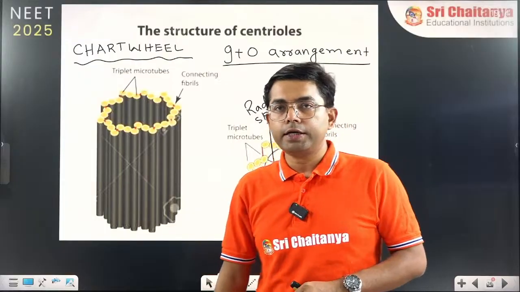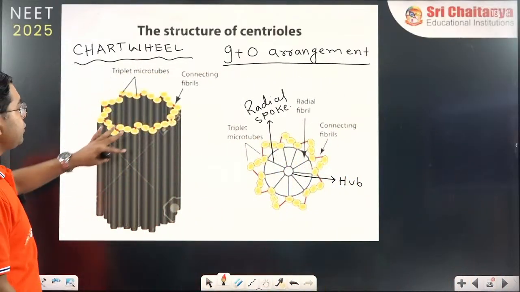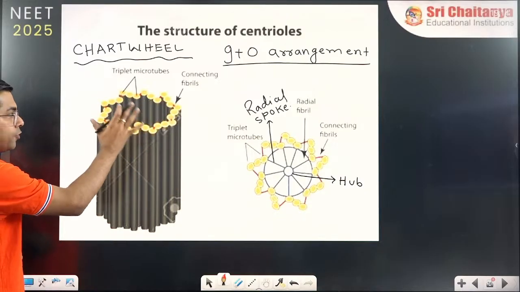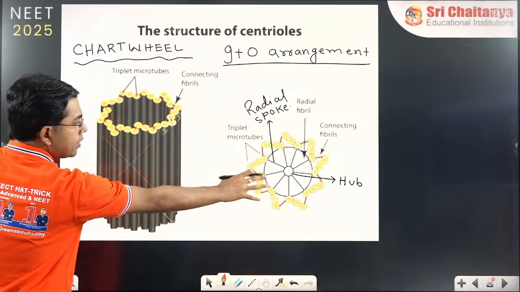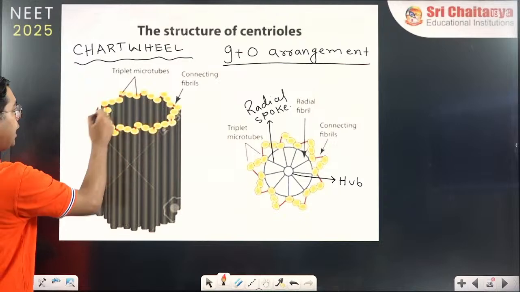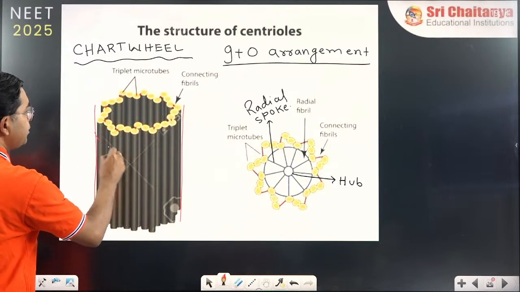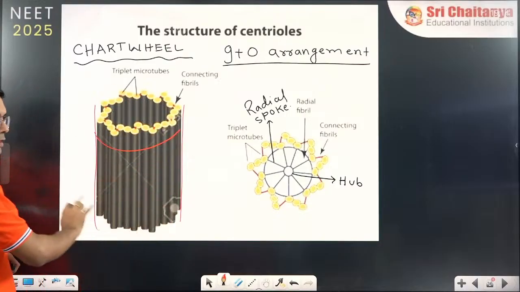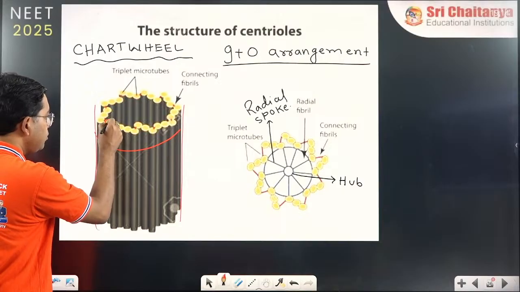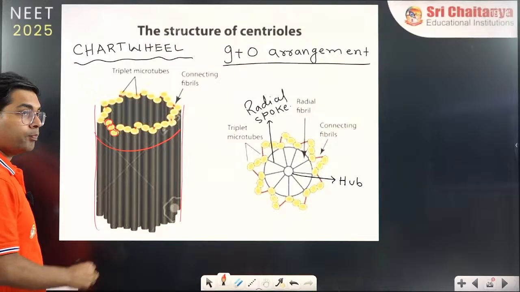So now we will see what is this 9+0 arrangement. Let's see that part in detail. So here you can see this. Now if you observe it very carefully, this is the 3-dimensional diagram. Let me first try to explain this and then I will come to this 2-dimensional diagram. Isn't it a cylindrical structure? First of all, if I simplify it, this is a cylindrical structure. Now you see here 1 microtubule, 2 microtubule, 3 microtubule.